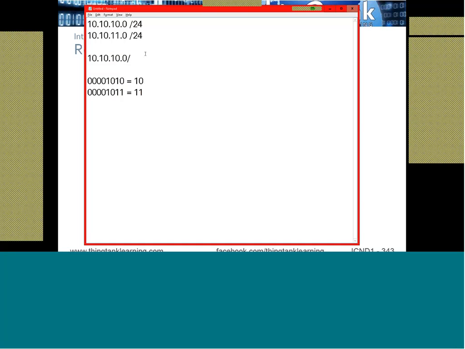And as far as the mask goes, it's whichever bits are common. So we have 8 bits here that are common, plus an additional 8 bits here that are common, plus an additional 7 bits here that are common. Which means essentially the last bit can be anything. It's almost like talking about wildcards. The last bit can be anything. Now, in this particular summary, it's perfect because it happens to include only those 2 subnets.